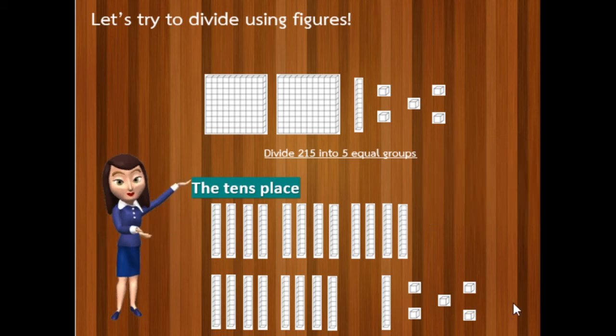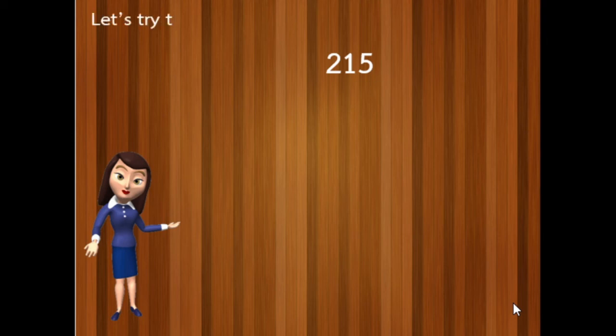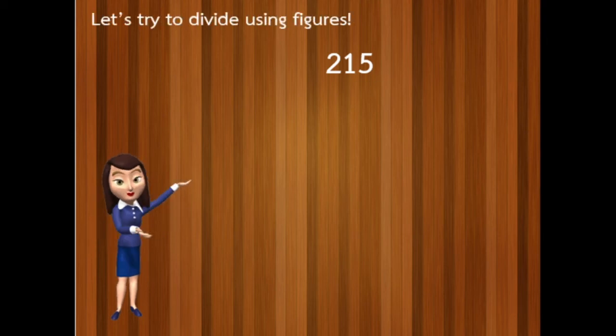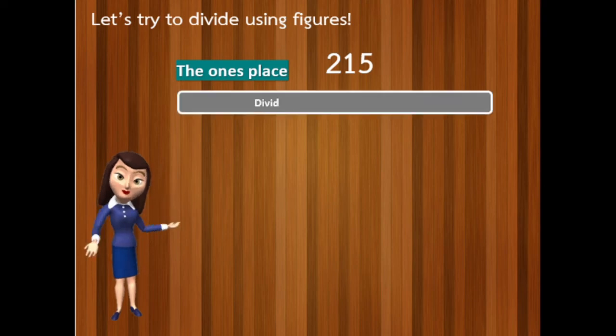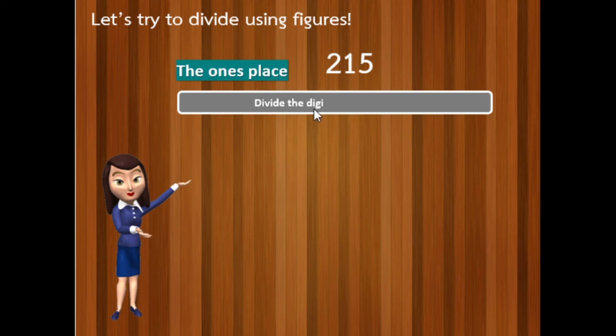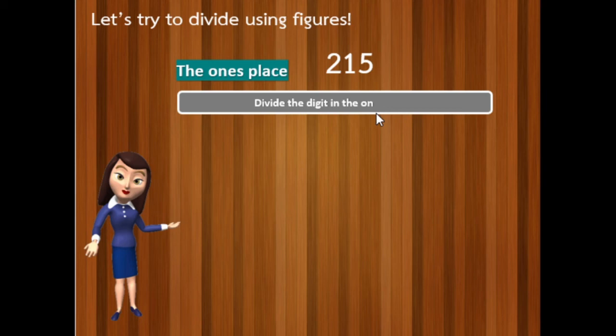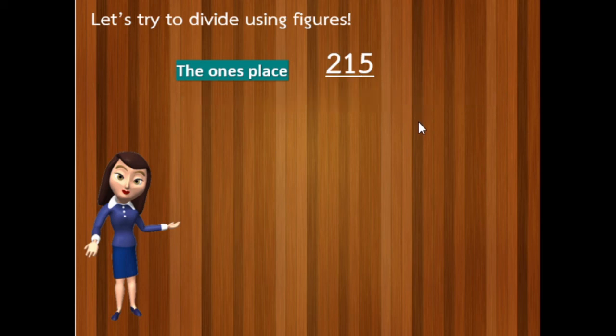That's for tens place. Now, how about this one? The ones place. First, remember that we divide the digit in the ones place. So the number in the ones place is 5.